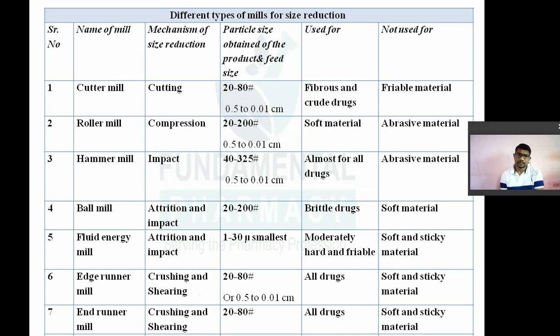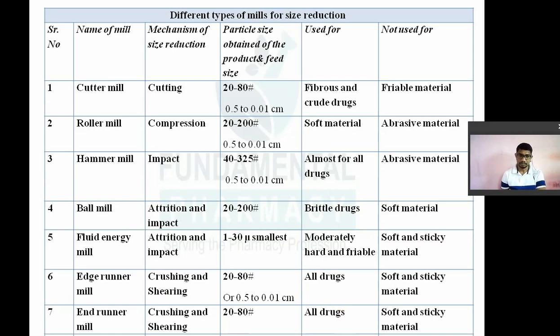So edge runner mill, crushing and shearing, then you will get a particle size in a range of 20 to 80 micron. Again the feed size is the same, 0.5 to 0.01, and it is used for all kinds of drug, not used for soft and sticky material again. Okay? End runner mill: both edge runner mill and end runner mill work on a similar principle. Particle size is also the same, everything is the same.